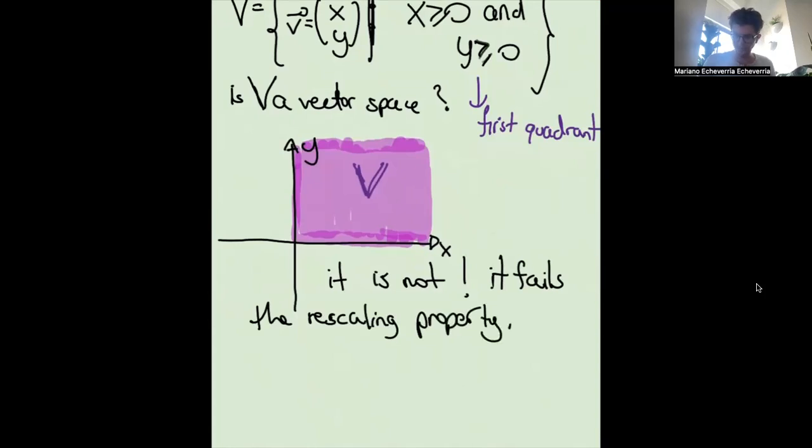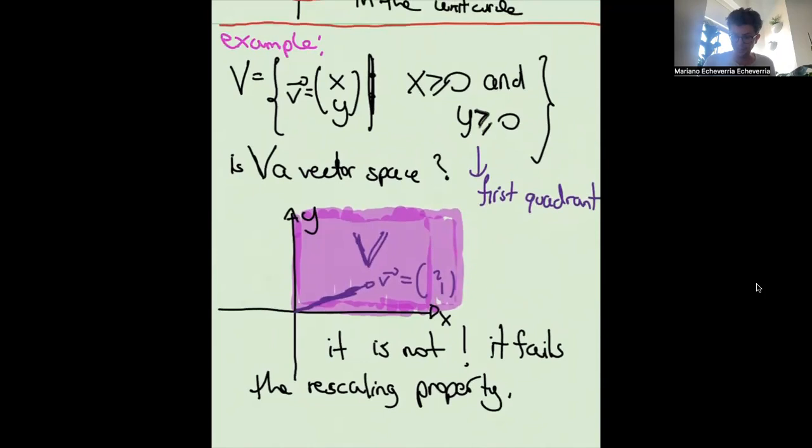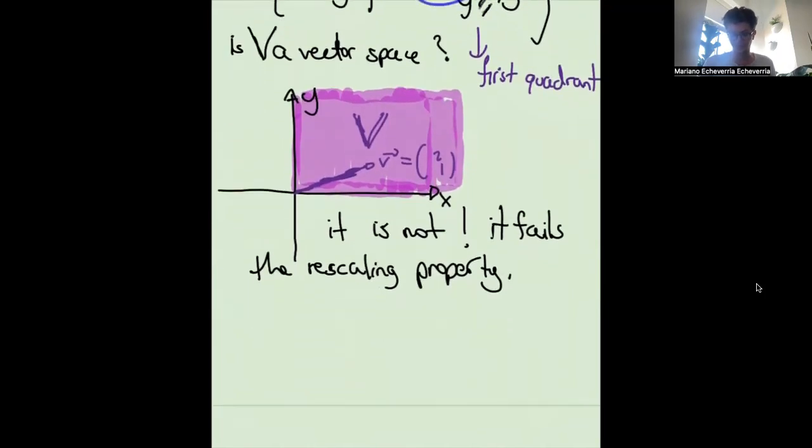So for example, let's take a vector that we know is inside of here, like the vector (2, 1). (2, 1) is inside of this set, right? Because the condition for being inside the set is that every entry is non-negative.